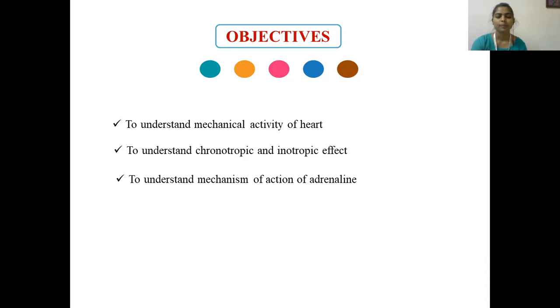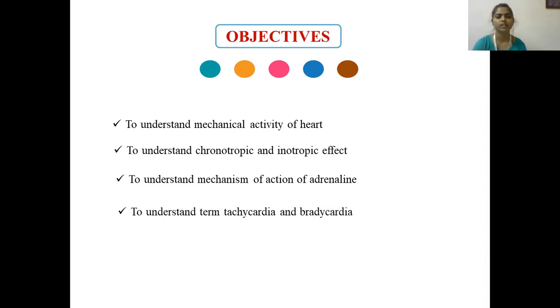Similarly, parasympathomimetics such as acetylcholine act on the muscarinic receptors, which show the negative chronotropic effect as well as negative inotropic effect. So this is all about the mechanism of action of adrenaline.